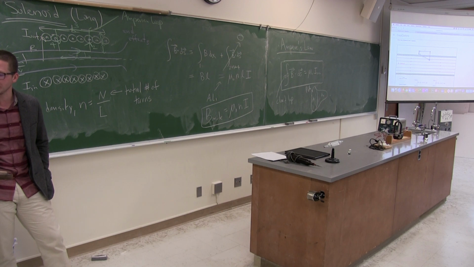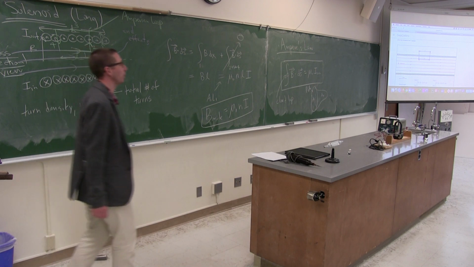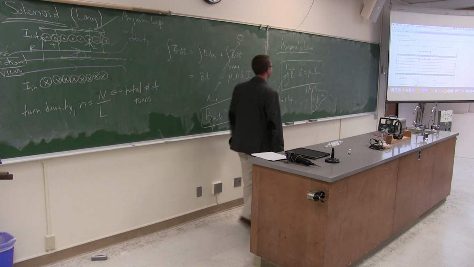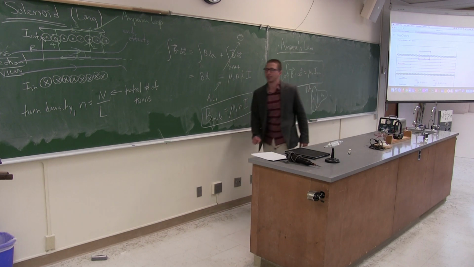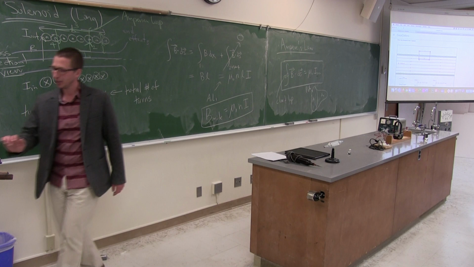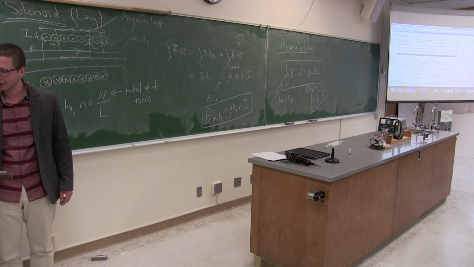What's interesting about this law is that the line integral always just equals mu naught times whatever current is enclosed. Here the loop integral has a value of 27.25.